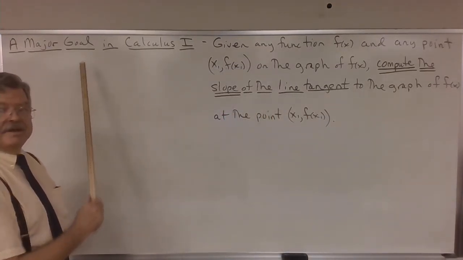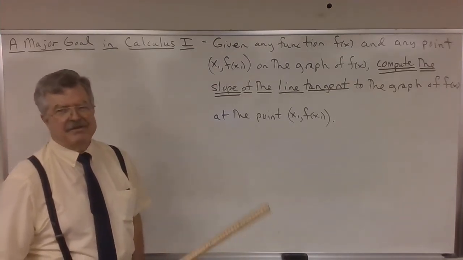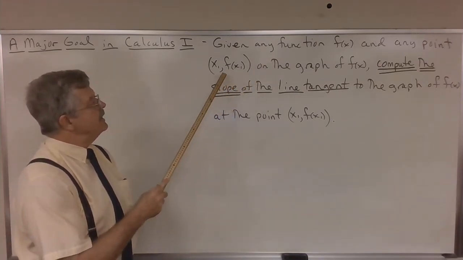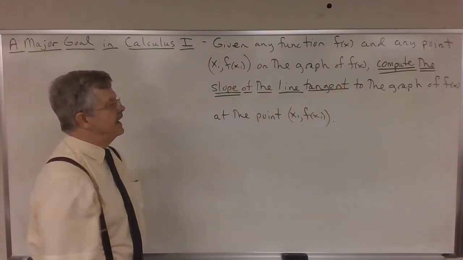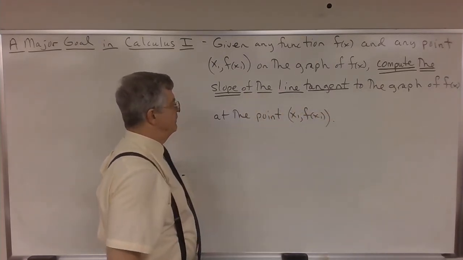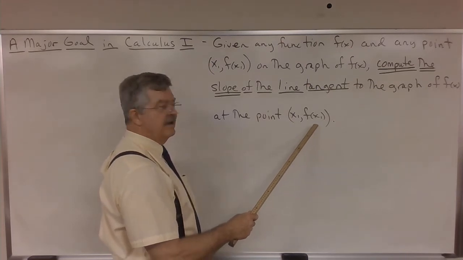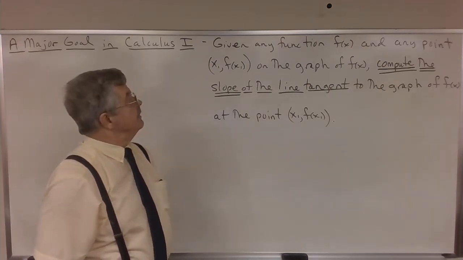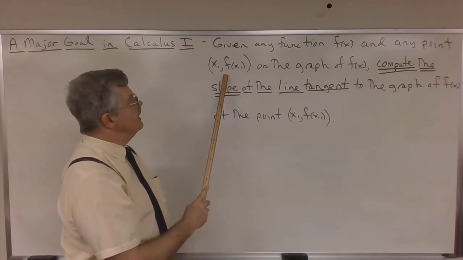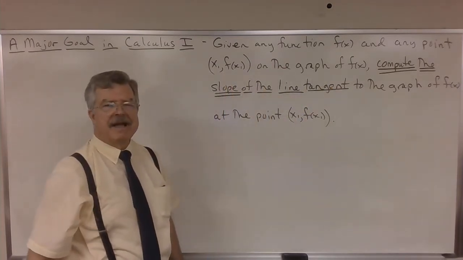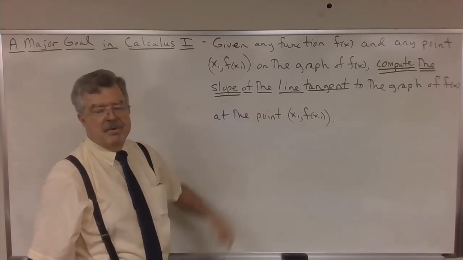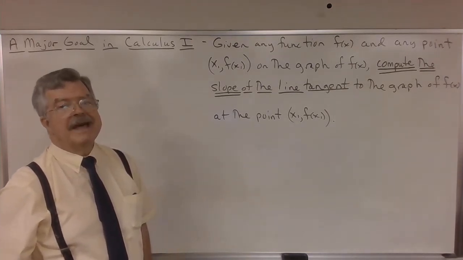A major goal in Calculus I. Given any function f of x and any point x of 1, f of x of 1 on the graph of f of x, compute the slope of the line tangent to the graph of f of x at that point. Major goal. That is a major goal.